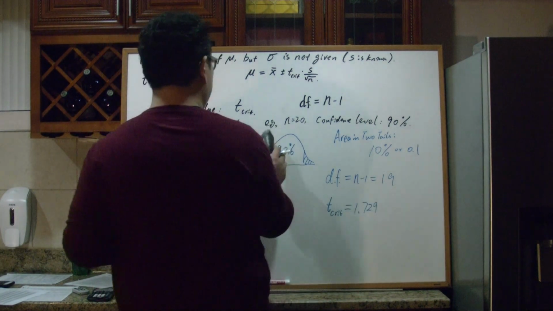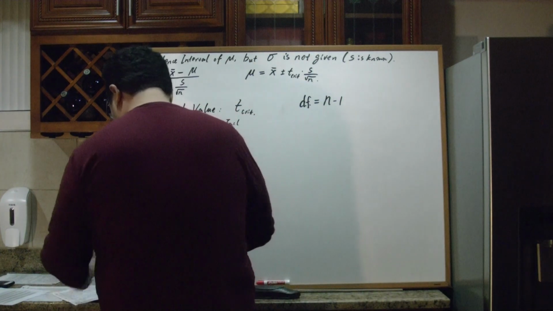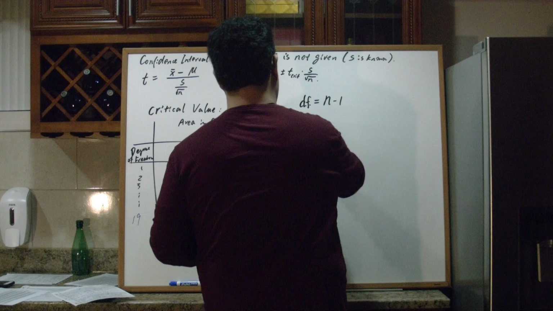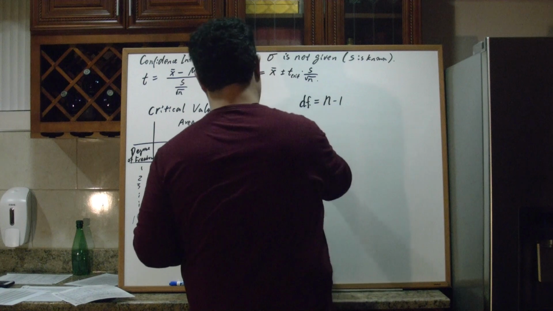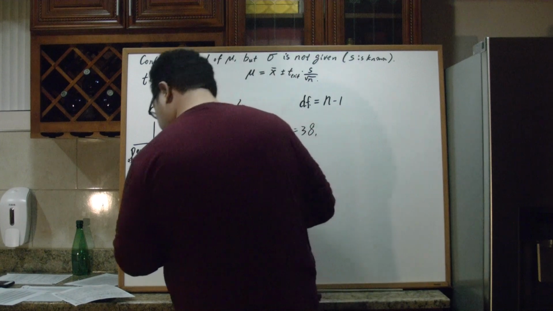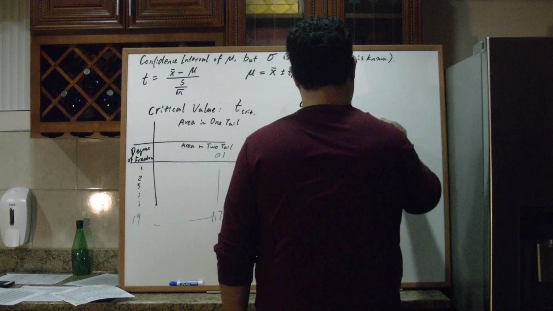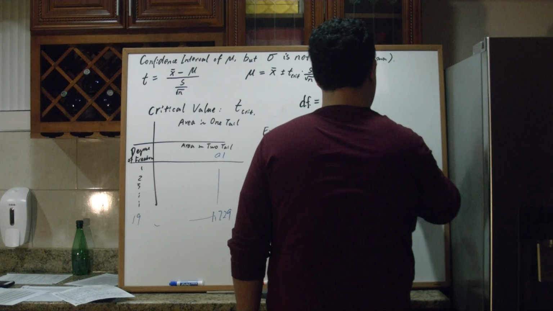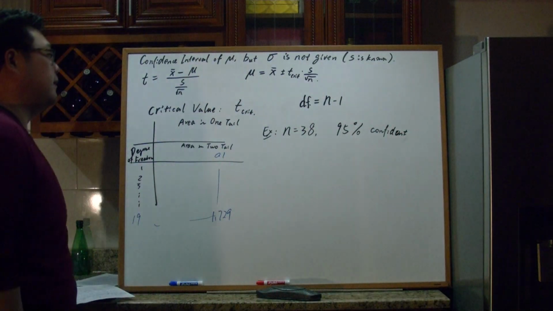Right, let's see another example. n equals 38, 95% confident.